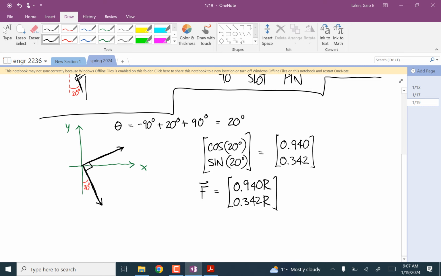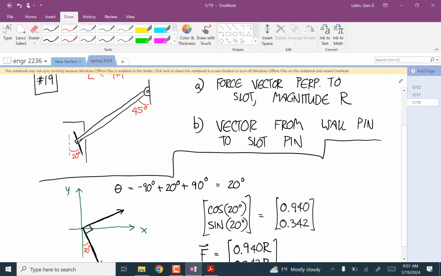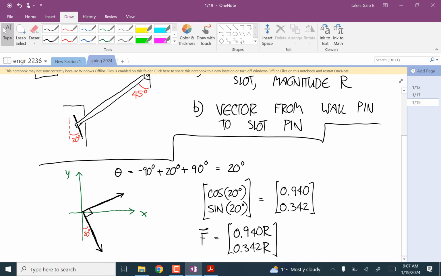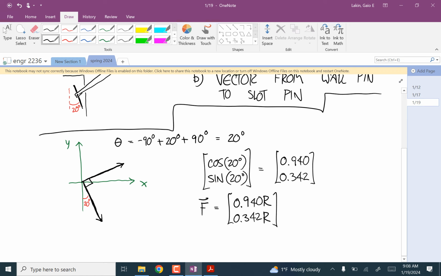There's another answer that's perfectly acceptable, because we want a vector that's perpendicular to this, right? Well, I drew one that's perpendicular to it, but there's another one that's perpendicular to it, the exact opposite direction. So a perfectly good answer would also be negative 0.940 r, negative 0.342 r. Okay?